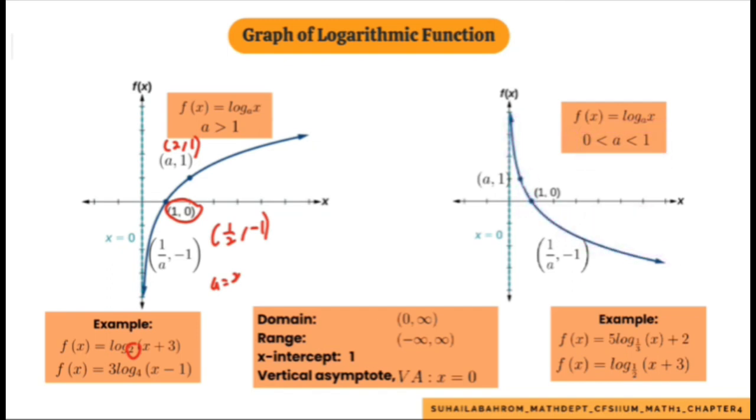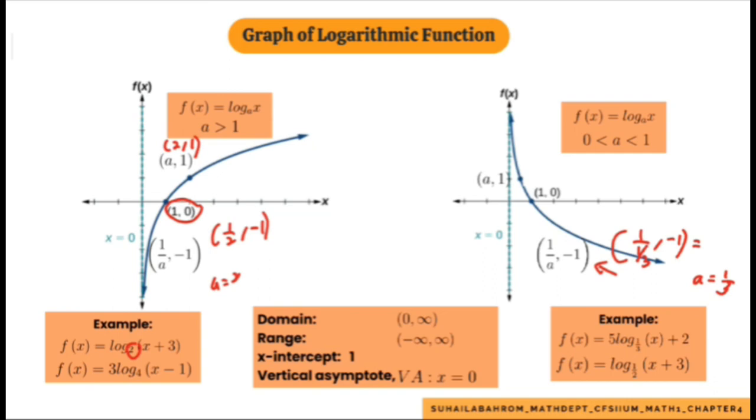And we have also 3 basic points here. So for the first point here, we have (1/a, -1) as well. But since our a, let's say for this case, is 1/3, we will start with this coordinate, 1 divided by 1/3. And then we have the coordinate of y is -1.